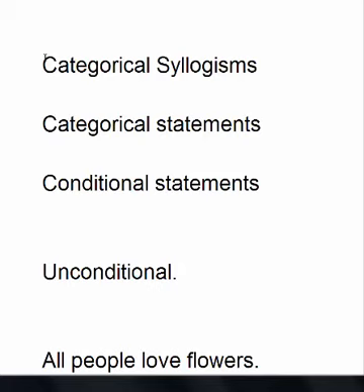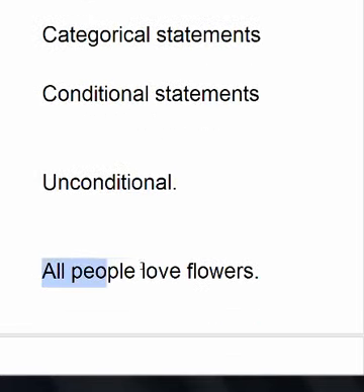So if syllogisms are composed of statements of certain sorts, let's look at the kind of statements that categorical as opposed to hypothetical syllogisms are composed of. Categorical syllogisms are composed of categorical statements. Categorical statements are simple statements that have no conditions put upon them. They are unconditional. If we look at this one here, all people love flowers.